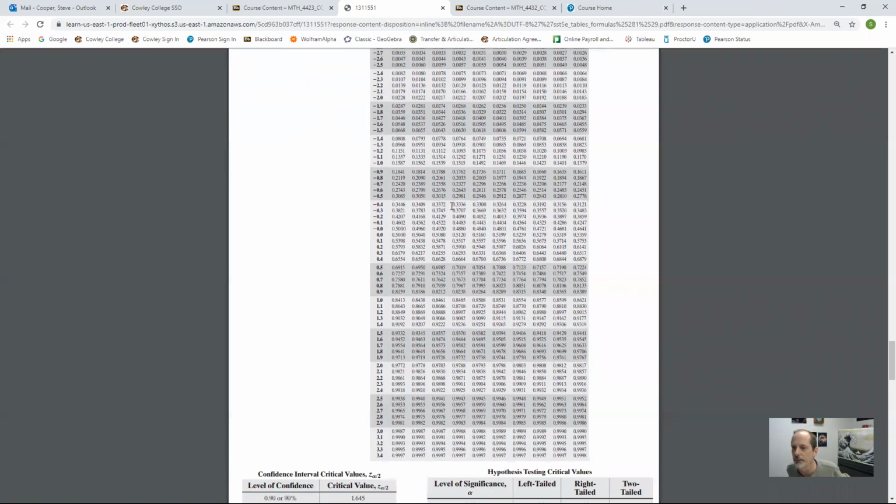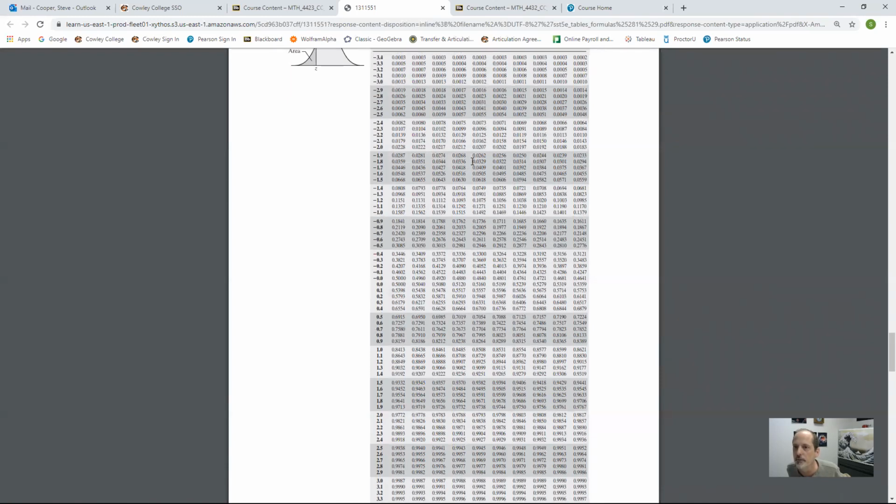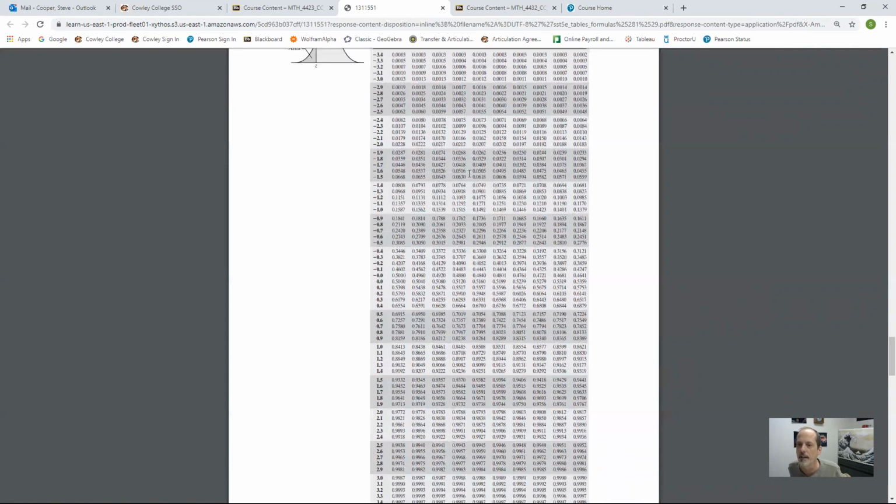I could look through and sort through all of these and find 0.05, or as close as I can get to 0.05. This is the territory here: 0.0409 and 0.0505. So we're looking somewhere around negative 1.645 maybe.